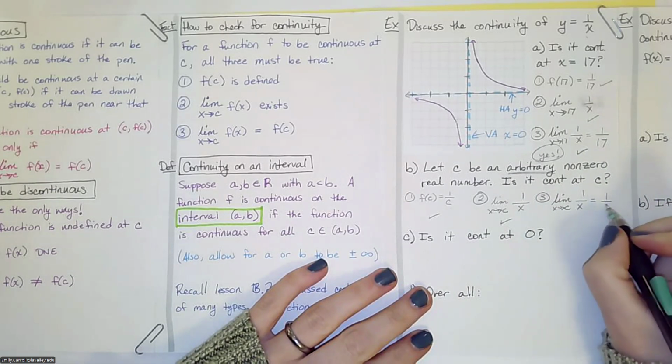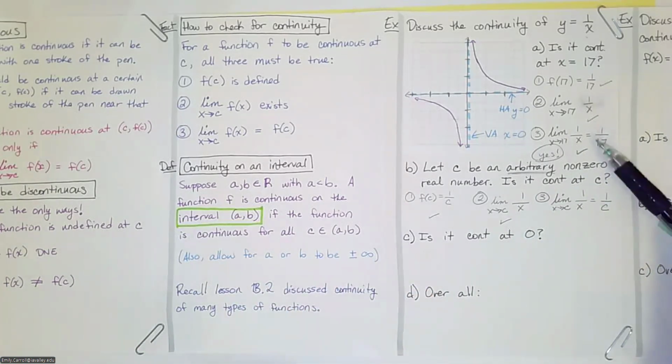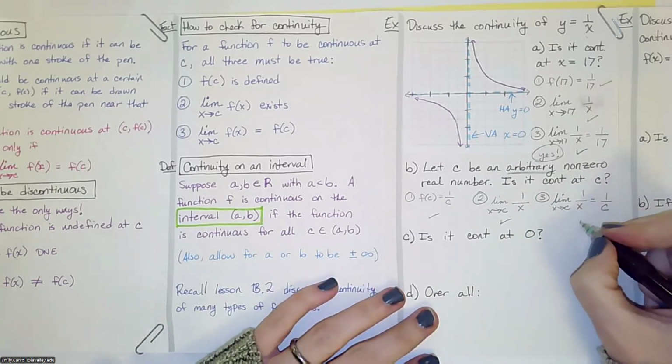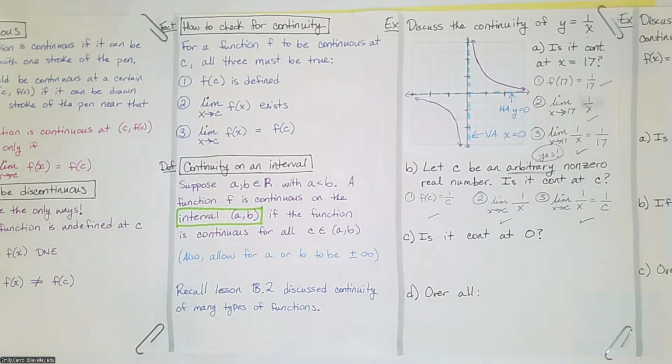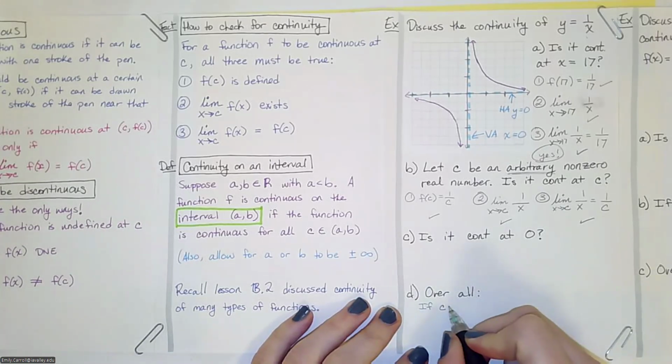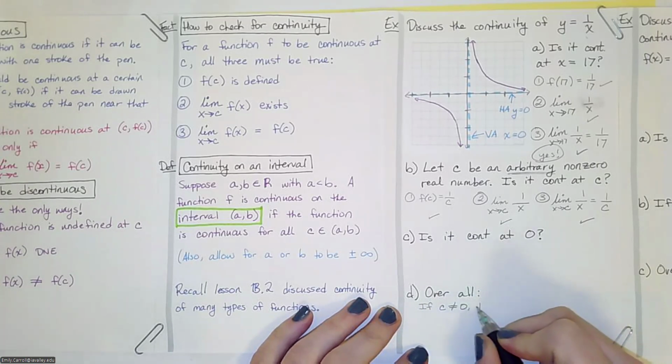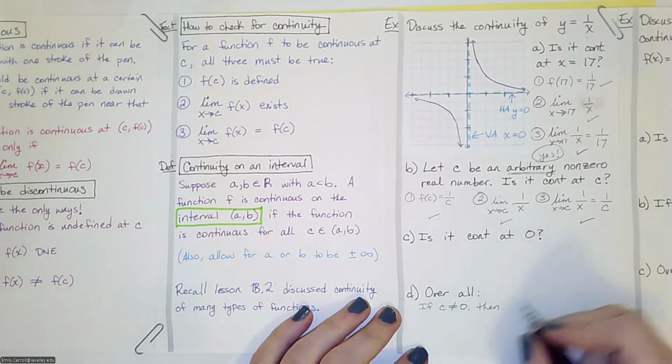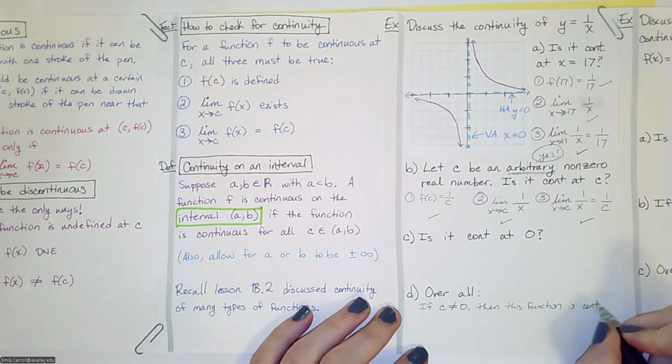Is this equal to 1 over c? Yes, by the same logic that we said with the 17. Okay, so this proves that if c is not 0, then this function is continuous at c. I'll put that down here. If c is not 0, then this function is continuous at c.